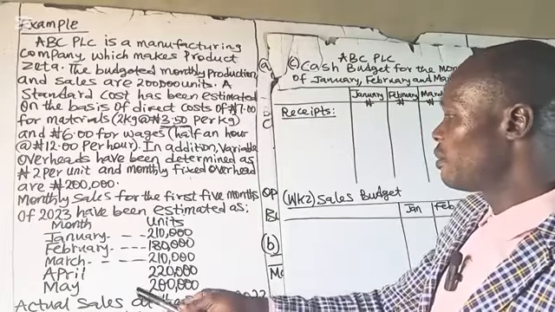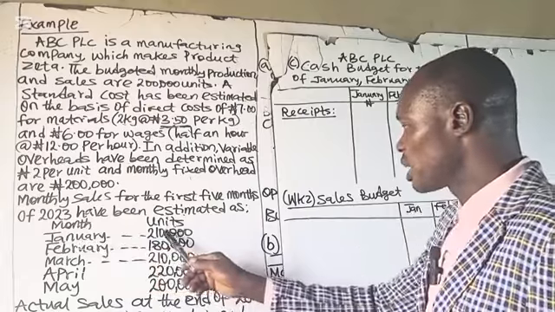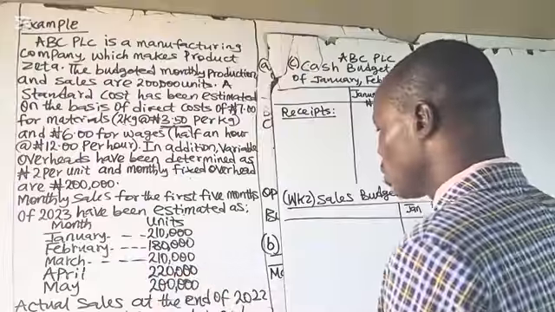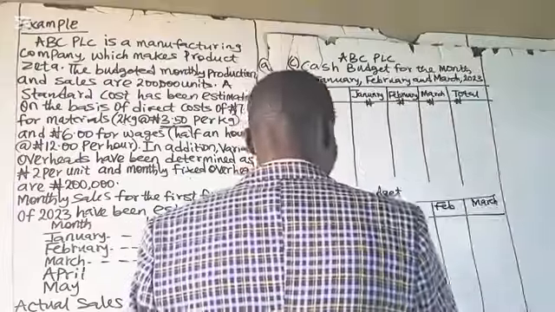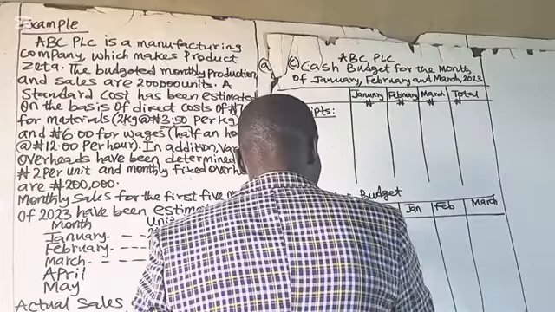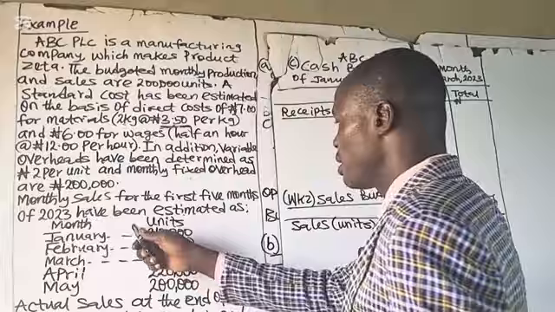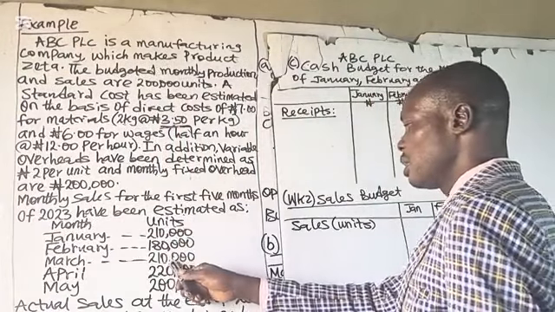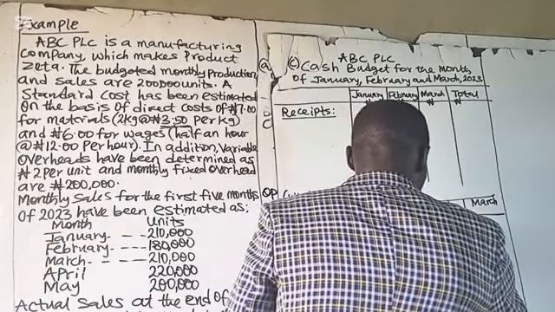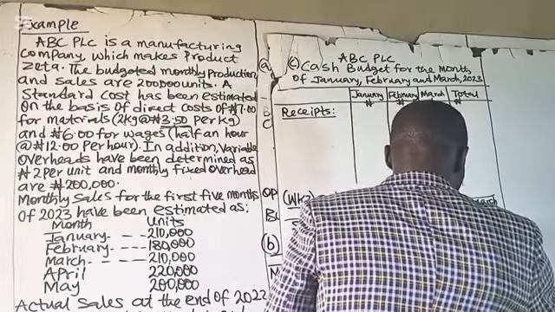You have the sales for the period, in units: for the month of January, 210,000, February 180,000, March 210,000.